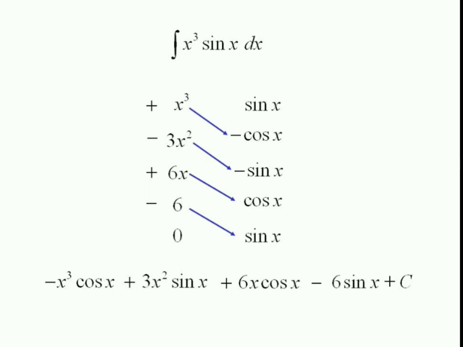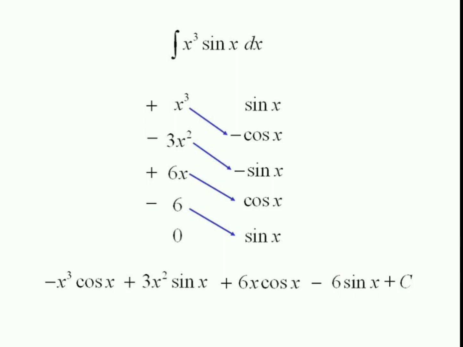So let's write the answer of the integral of x cubed sine x dx. The answer here is negative x cubed. Why is it negative? Because the second row is negative, so that is negative x cubed, then cos x.